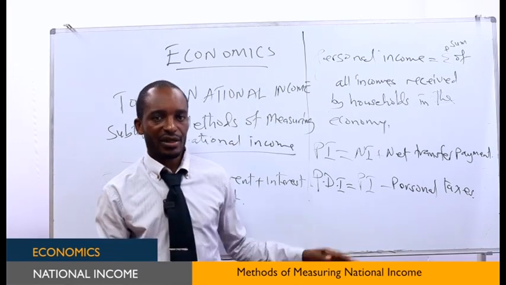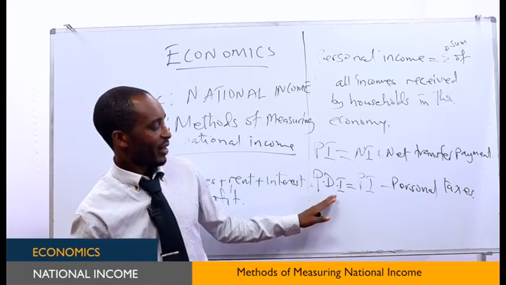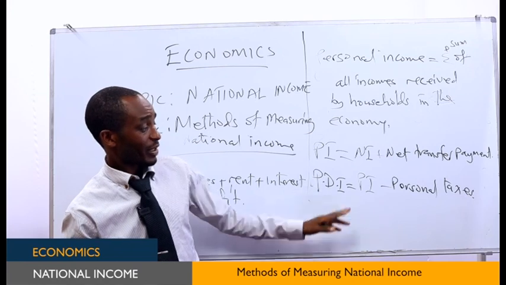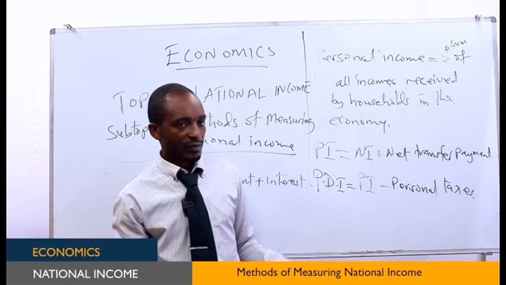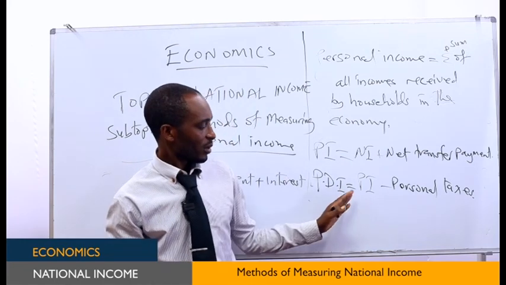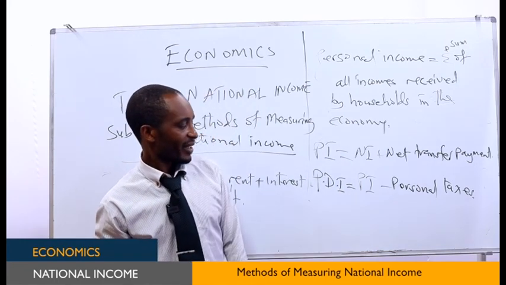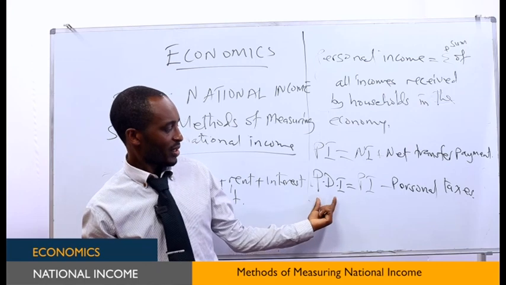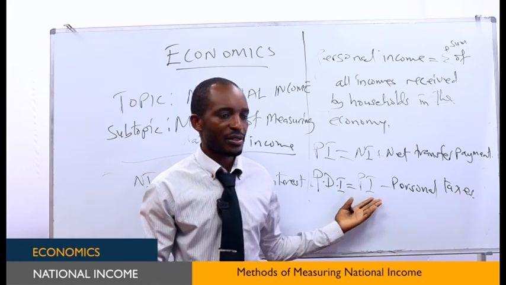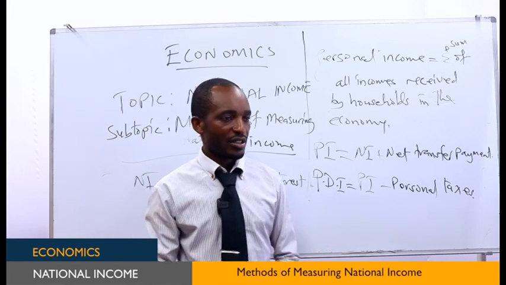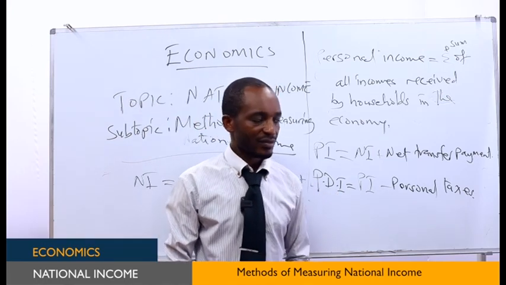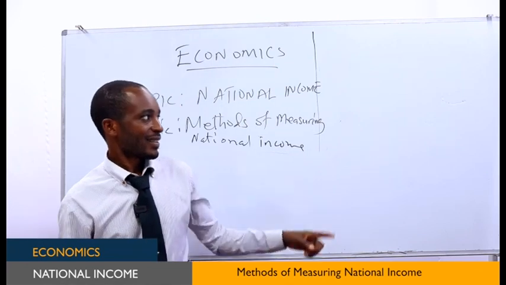So when you subtract the personal taxes, you remain with personal disposable income, and this one will be used for consumption and for saving. So the amount which you are free to consume and to save is the personal disposable income. Okay, now let us go ahead and see the following problem.